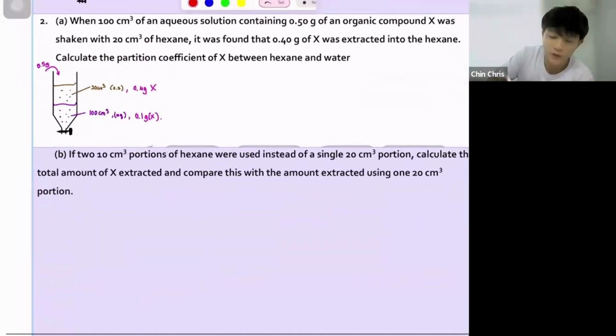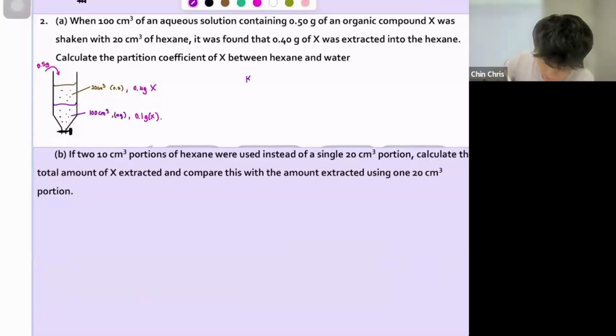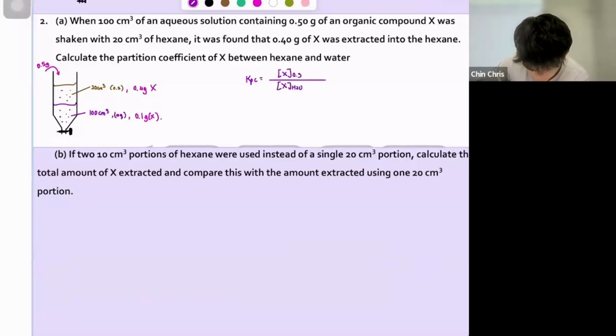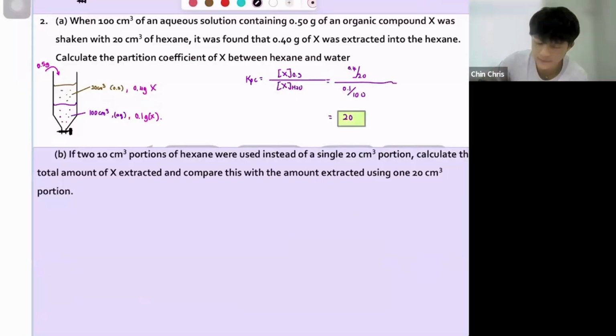Or if you want to do it the proper way, it's going to be KPC equals hexane, organic solvent, over H2O, which is 0.4 divided by 20 over 0.1 divided by 100, and it is 20. Yay. Done. Clear?